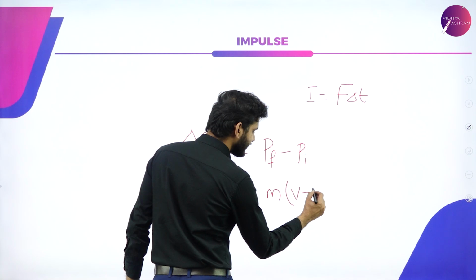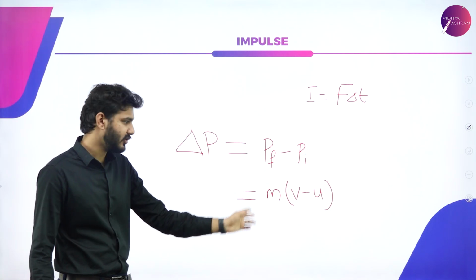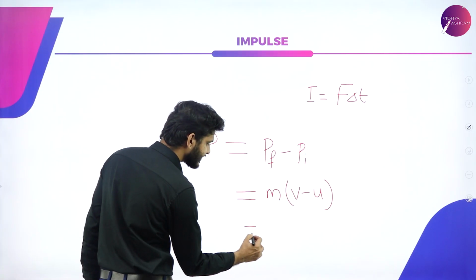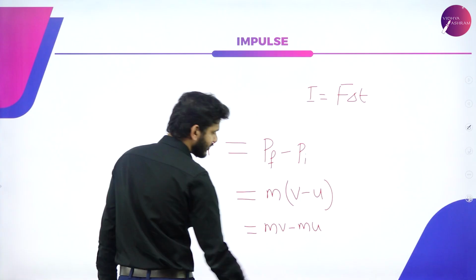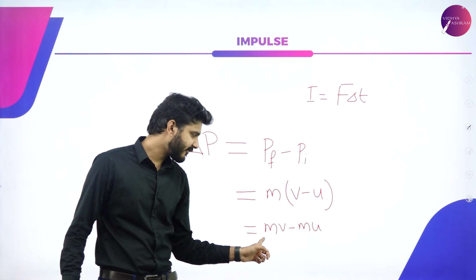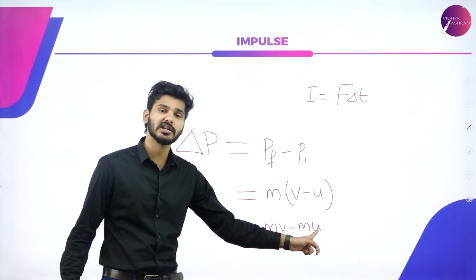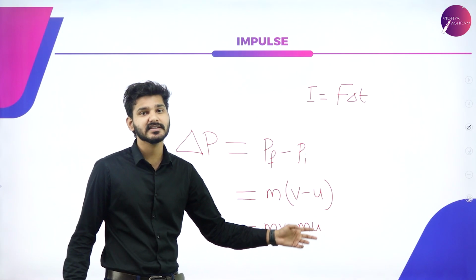So we can see that the difference is mv minus mu. When you take the mass inside, we can actually write it as mv minus mu. So we know that mv is nothing but momentum, that is final momentum, and this is initial momentum. So we can just say that change in momentum is also known as impulse.